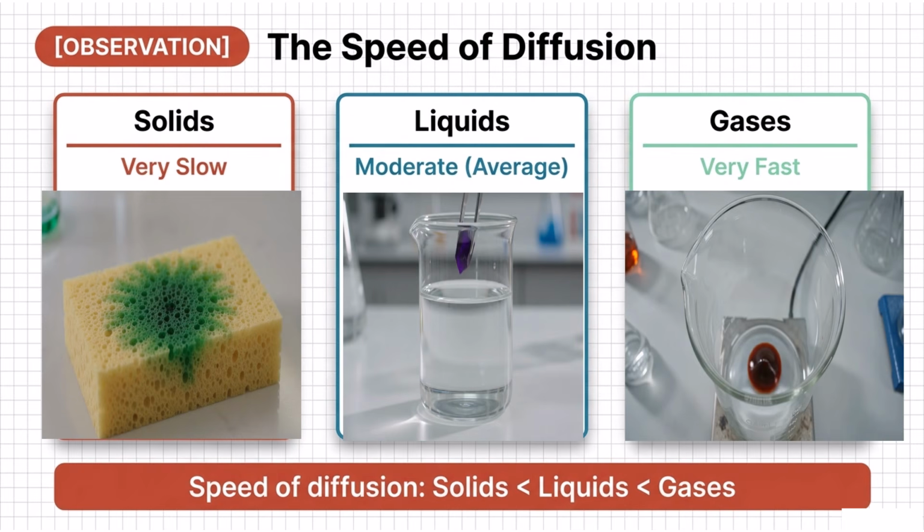So the speed of diffusion in liquids is moderate, or average, not very slow like solids and not very fast. It's between solid and gas. Let's see gases.